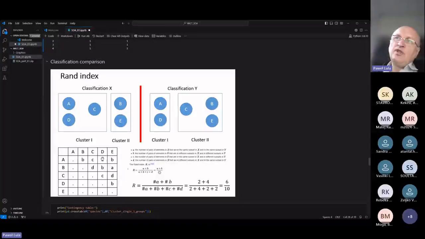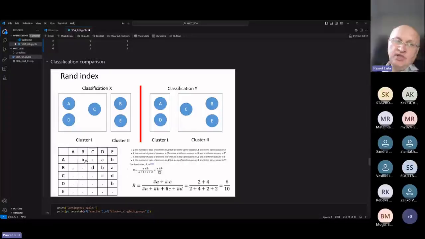So for example, A we have here between A and D. A and D here in the first classification. These two objects are in the same cluster, and also in the second classification, they are in the same cluster.